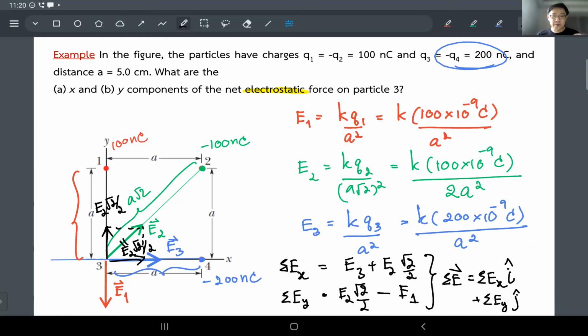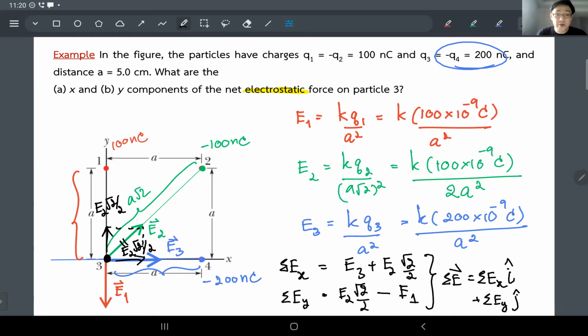And now to get to the force, see, I already completed the field calculation without caring what is going on at the location of number 3, right? But now at point number 3, you have a charge waiting for you. I'll bring back that charge number 3. So let me use the black color there. There is a charge number 3 waiting there.